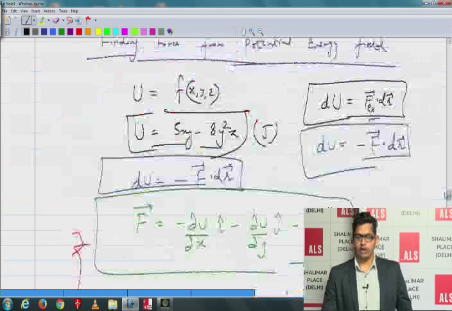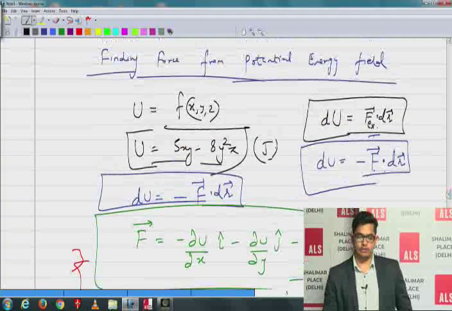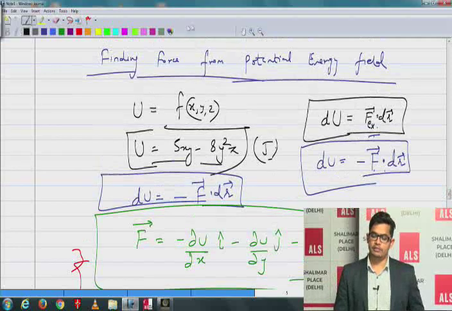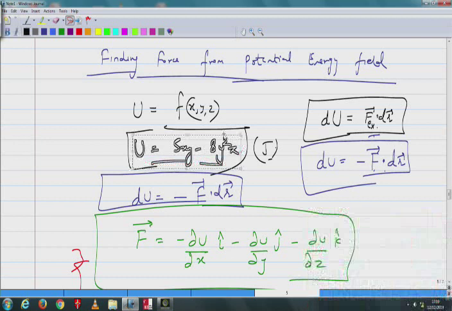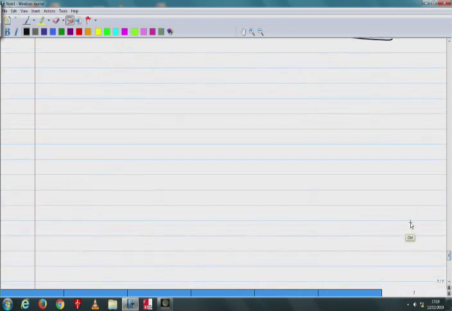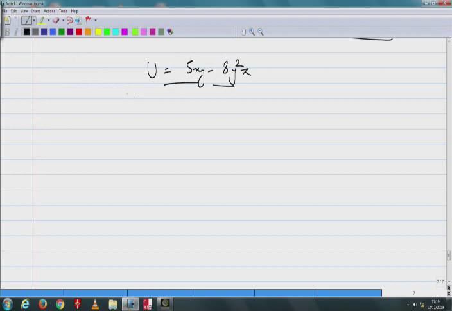Remember at the very beginning I wrote the formula. Yeah, this one: 5xy minus 8y square z. So find the force. Find the equation of the force. This is the question.